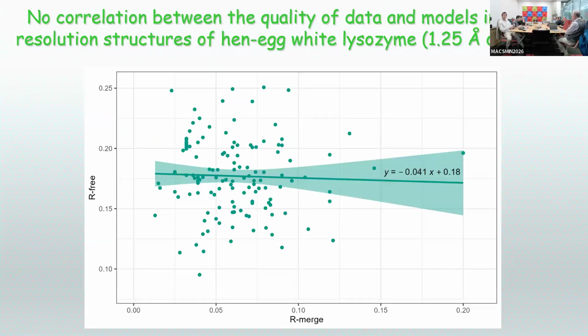Okay, so one of the things, again, of our disagreement with the reviewer is this slide, because being a very simple-minded person, I thought that there should be a very simple correlation. Quality of the structure should be correlated to quality of data. One of the parameters for the data quality is simply the merging R factors, how well the internal consistency of the data works. And one of the indicators, and these are of course not all, for the quality of the structure, is the R free, which means the R factor calculated for the subset of reflections that were not used in refinement.